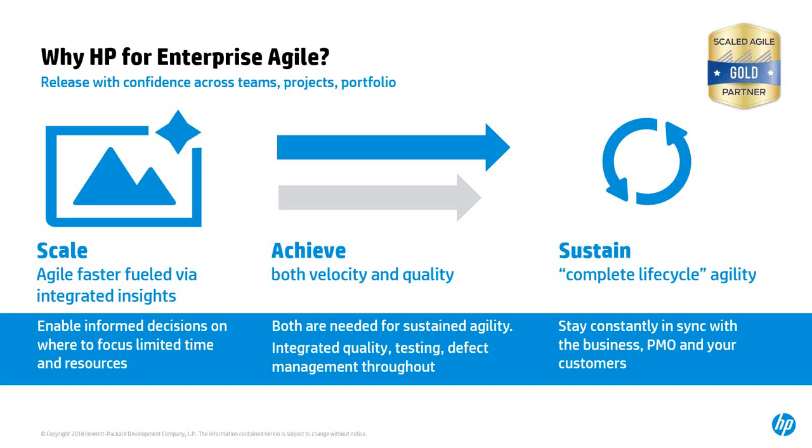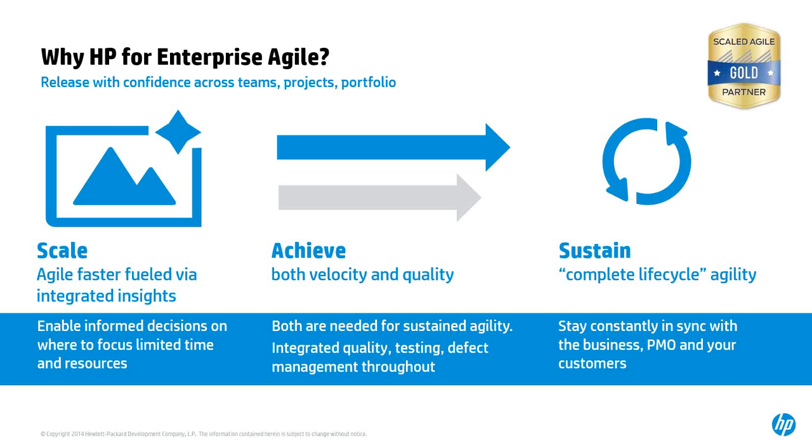Thank you. So when we start looking at Agile and scalability and governance, why look at HP for Enterprise Agile? Well, one, you want to be able to release new products and new software with confidence all the way through your portfolio, from the individual teams to the larger level initiatives at the program level, and indeed for the entire portfolio. Scale it, achieving both velocity and quality, and being able to sustain that complete application life cycle of agility.